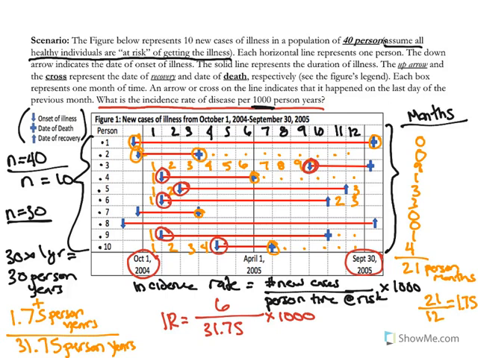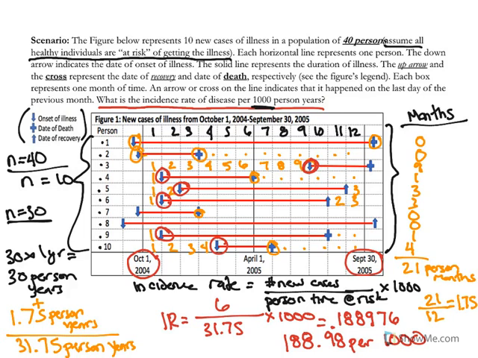So now we just do the math and we do 6 divided by 31.75, and that equals 0.18896. And I'd recommend that you carry these out to several decimal places, and then we're going to multiply that number by 1,000, and that's going to give us 188.98. So that's per 1,000.